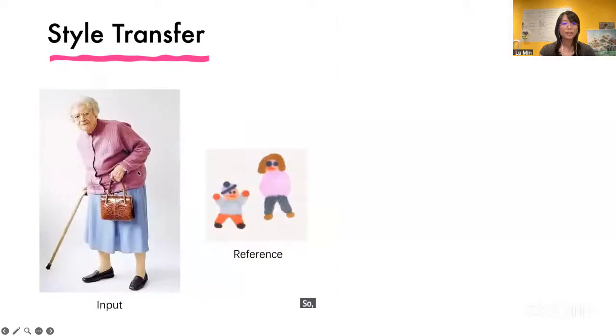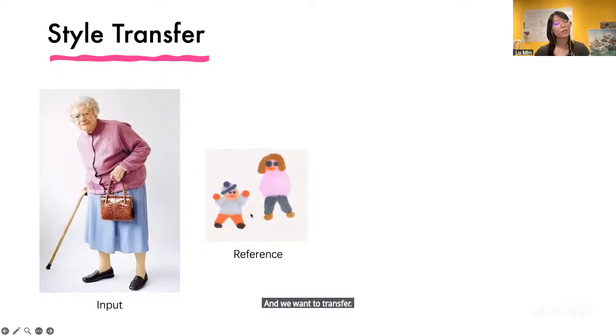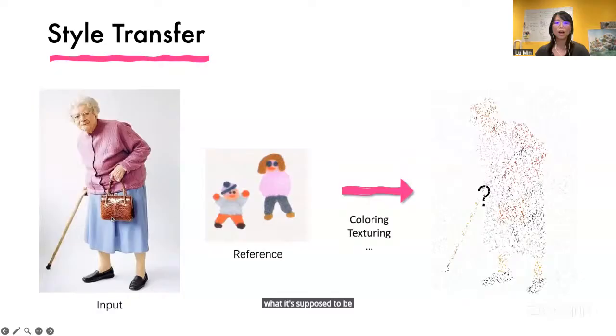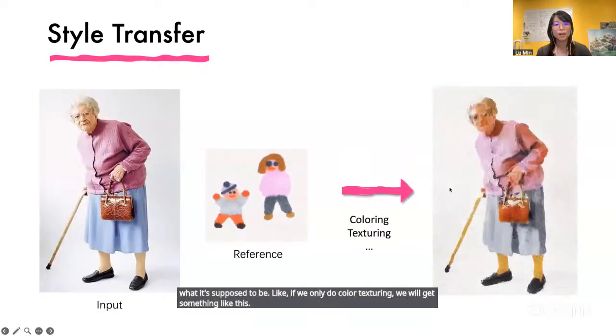When we consider this style transfer problem, we have a realistic photo as the input, and we want to transfer an illustrated style like this to this realistic person. What is it supposed to be? If we only do color and texturing, we will get something like this.